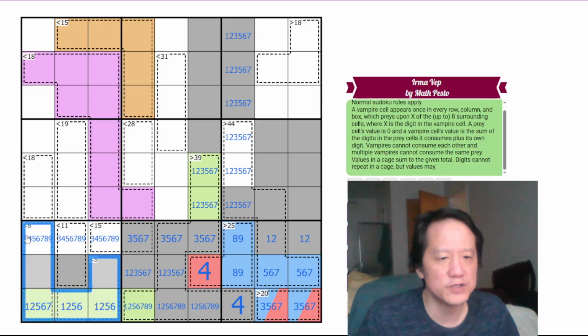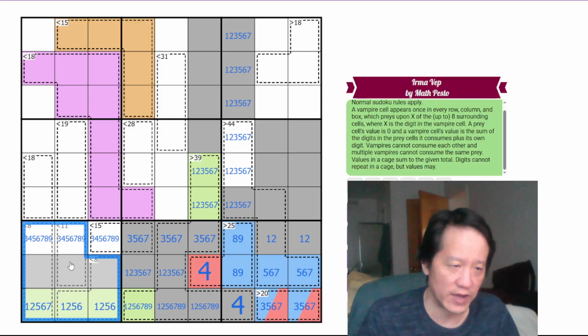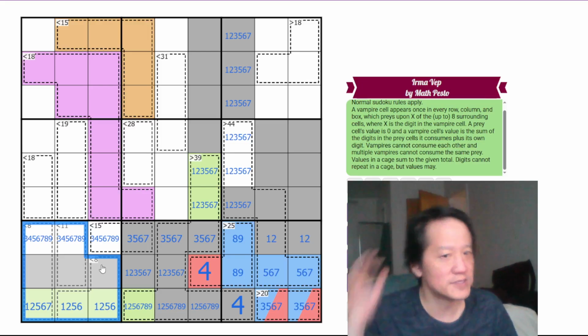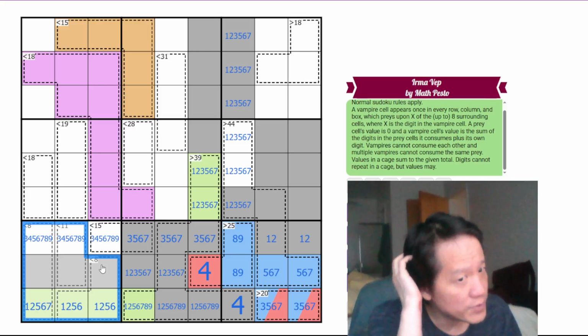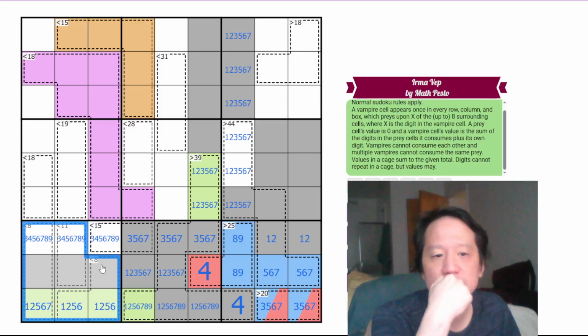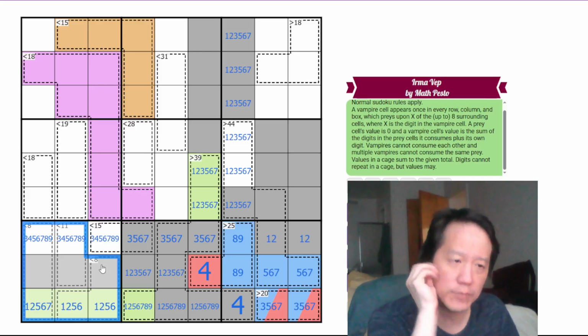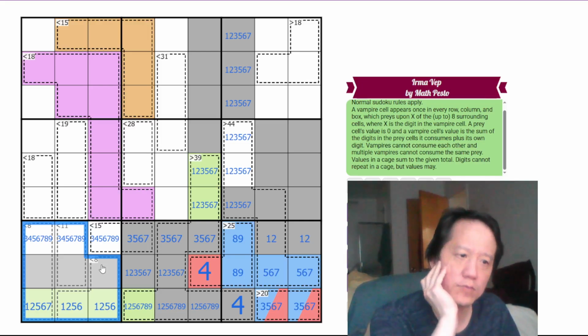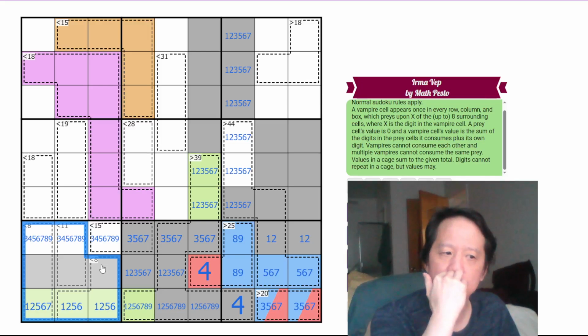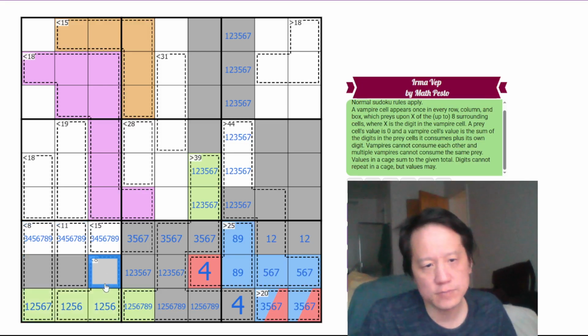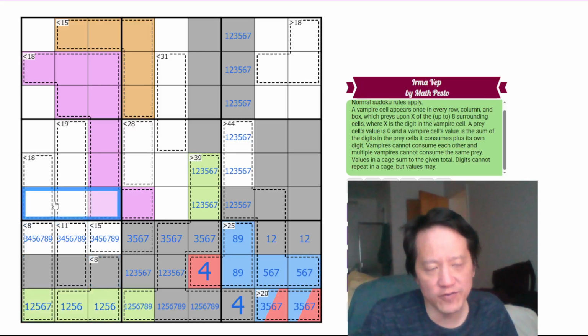Okay, so what are the sums of these values then? We have 7 plus 7 plus 10 at most. That's 24, right? We know there could be a vampire here.